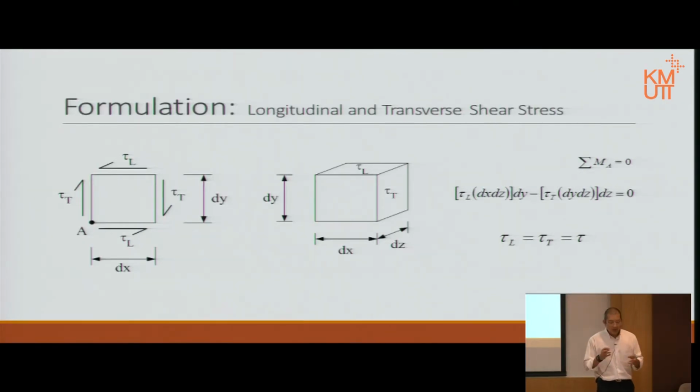The reason being, as I said, what we actually want to calculate is that one, but because we're going to link it to this axial stress caused by bending moment, we need to calculate TL for the longitudinal shear first, but they are equal to shear stress. Therefore, it means the same thing. So, since we established that the two components of the shear stress are equal, we just use the shear stress in general, tau.